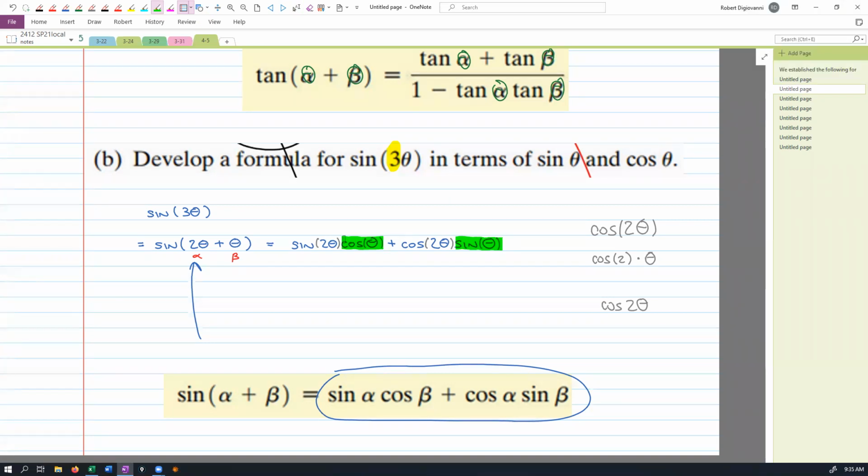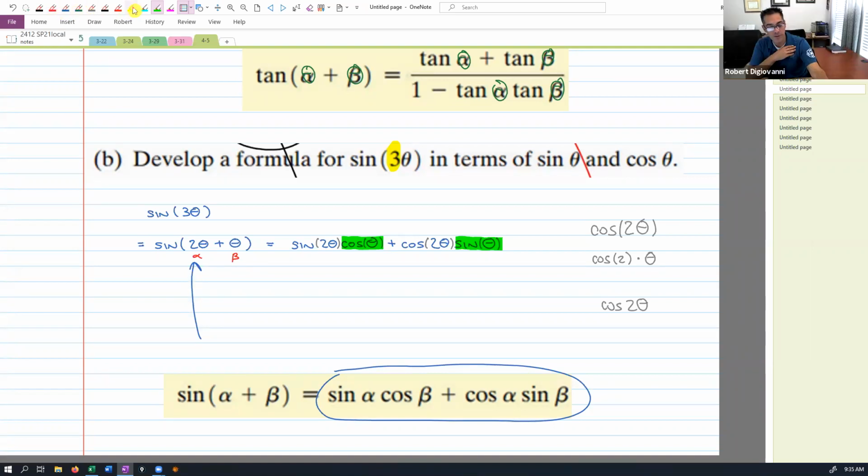Yes. Okay, so is there anything that you could do, Samuel, to turn that yellow thing and that yellow thing into terms of sine theta and cosine theta? So what could you do to this? Do we have a formula for sine of 2 theta? Yes.